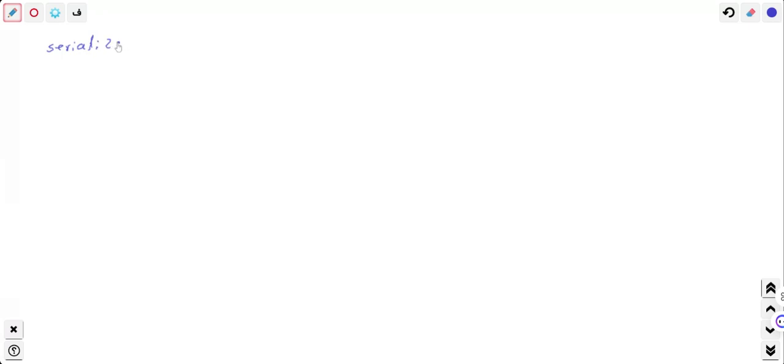Serializability. Serializability is different from serial. It's not equal to serial. We have serial schedules that you saw before, where transactions are executed one after each other.